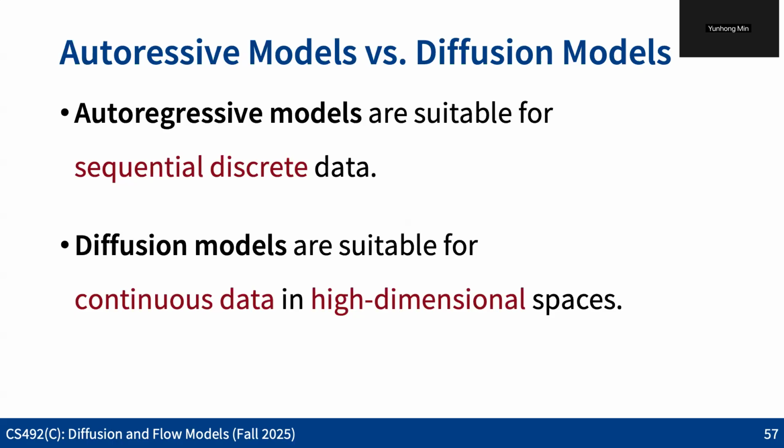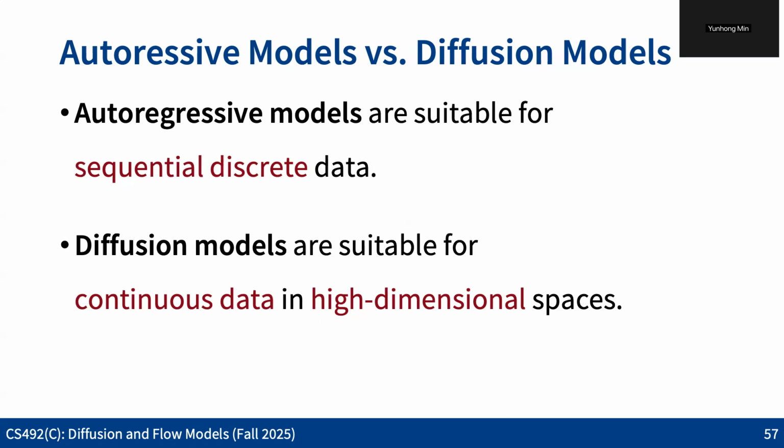It's a very standard thing to use autoregressive models for text generation and for sequential and discrete data. And diffusion and flow models would be the best for continuous data, also in high-dimensional space. But is this really true? This is actually a very interesting question that we are seeing now.